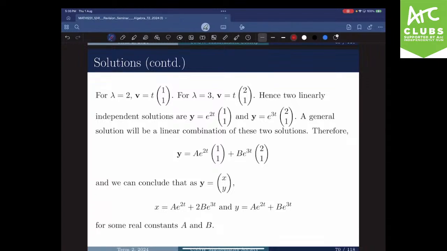Since our y is the vector xy, if we consider the values on the top, we get x is equal to this. Considering the values at the bottom, we get y is equal to this, for some real constants a and b. So do you see it, or do you want me to explain it more?